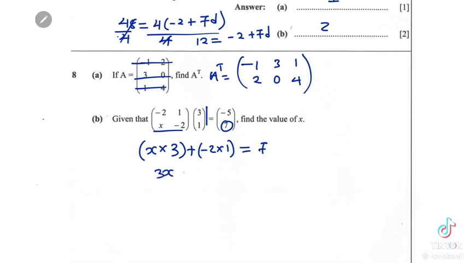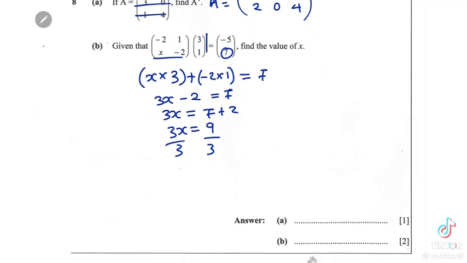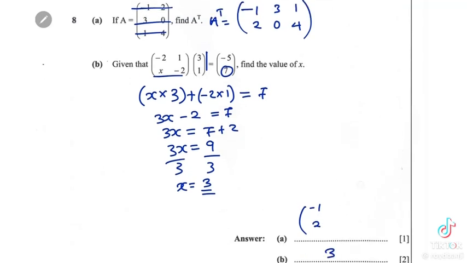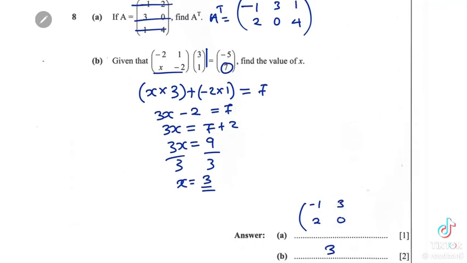So I have 3x minus 2 equal to 7. So I have 3x is equals to 7 plus 2. 3x is equals to 9. Divide 3, divide 3. And x therefore is going to give us 3. So our x is equals to 3. What did we find as a matrix on top there? It's negative 1, 2, 3, 0, 1, 4. Don't forget to put your answer here. So that is the answer to this part.